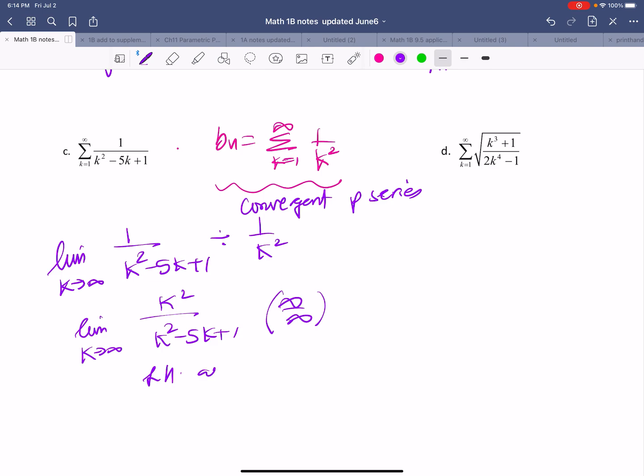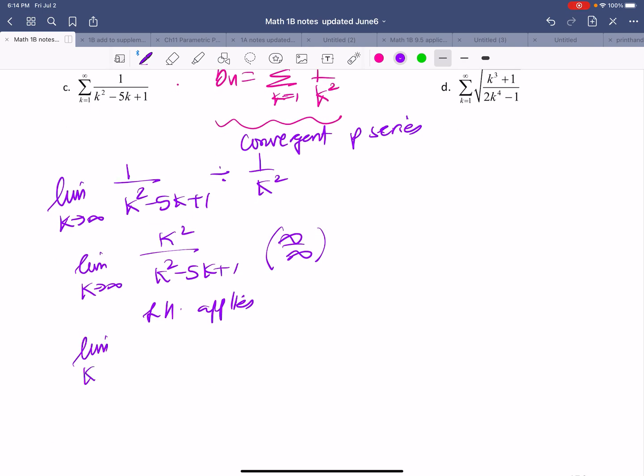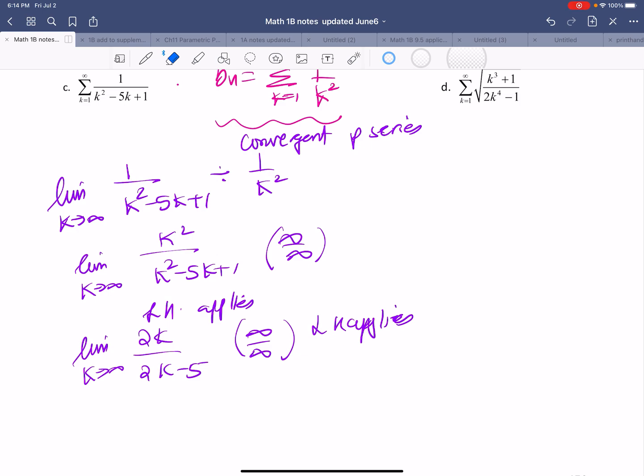L'Hopital's rule says to take the derivative of the numerator and the derivative of the denominator. It is infinity over infinity again, so L'Hopital's rule applies one more time. That's going to be the limit as k goes to infinity of 2 over 2, which turns out to be 1, a non-zero finite number.